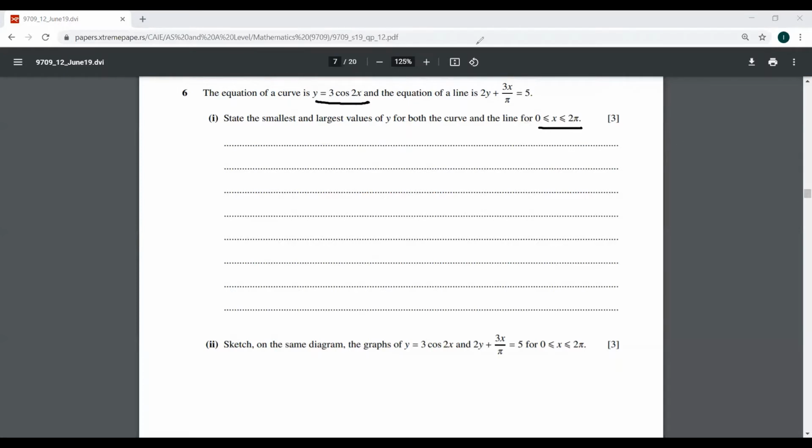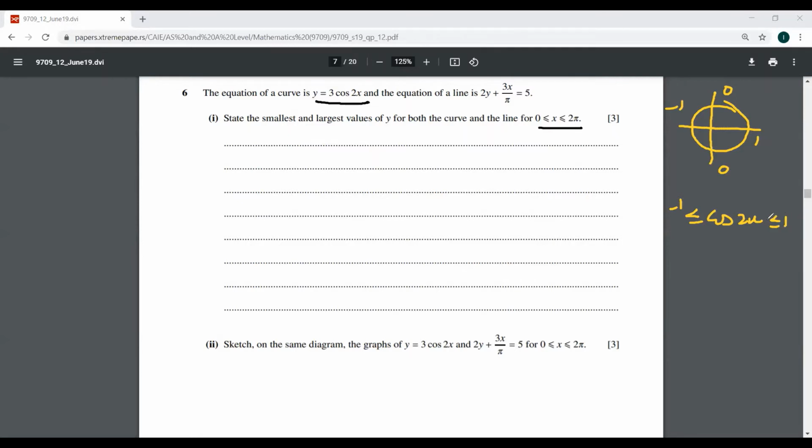Remember your cos x, you must remember its limits, its critical values. Cos is 1 here, 0 here, -1 here, and 0 here. So cos 2x is between -1 and 1 for one complete revolution.